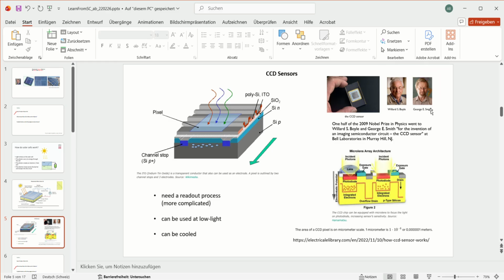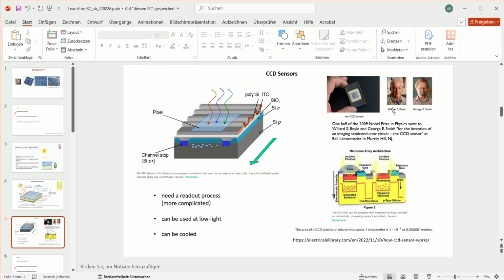Here you can see the guys who invented the CCD. They got the Nobel Prize in 2009, but the invention of the CCD was in the 60s of last century. So it took the Nobel Committee 40 years to understand the importance of this invention. And the interesting thing is, these guys worked for Bell Labs, and the people who produced the first useful solar cells also worked for Bell Labs, so it was the same company.